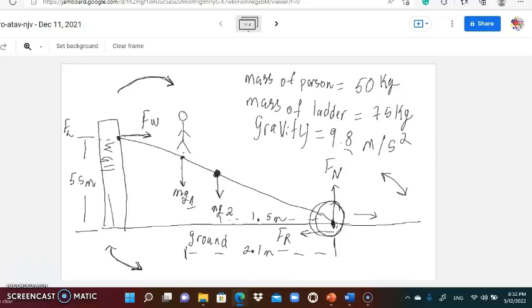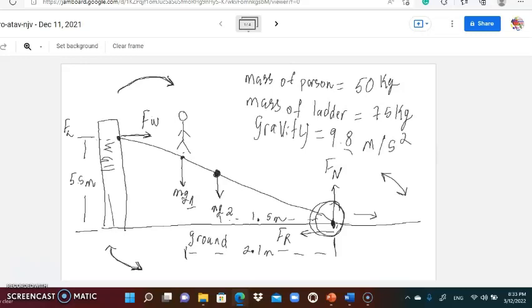So the torque of the person is going to be this force acting down times its perpendicular distance from the lever here, the turning point, which is 2.1 meters.